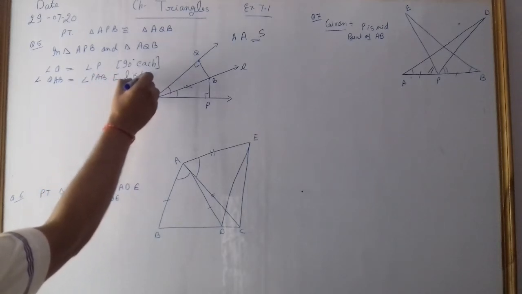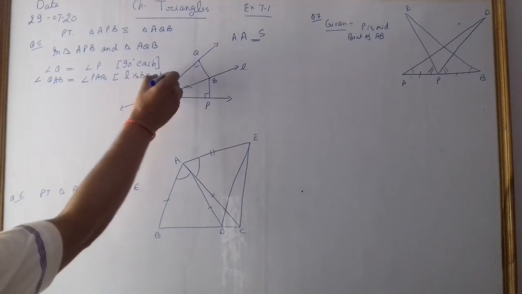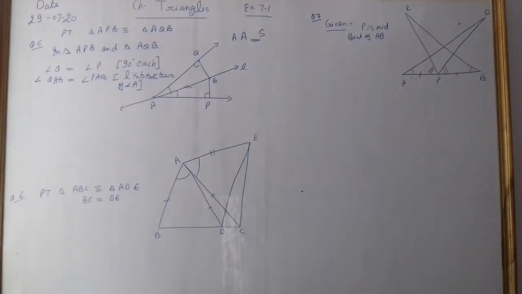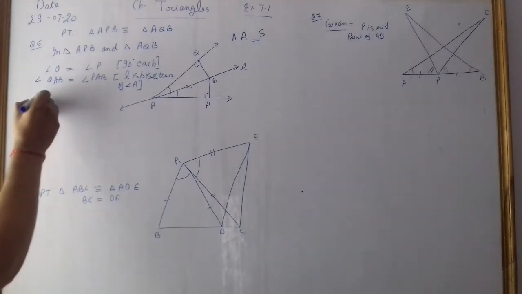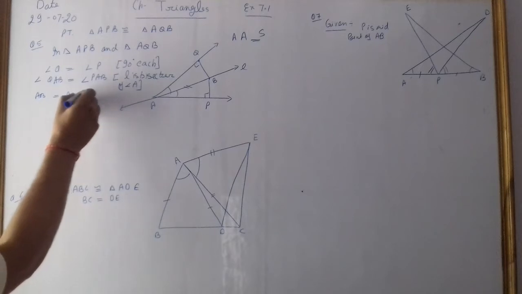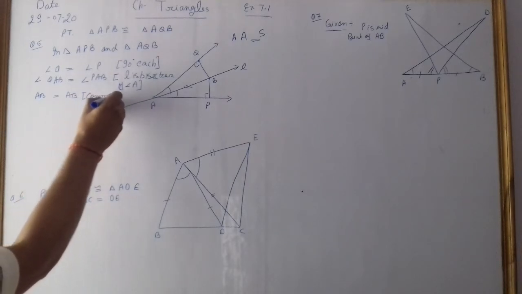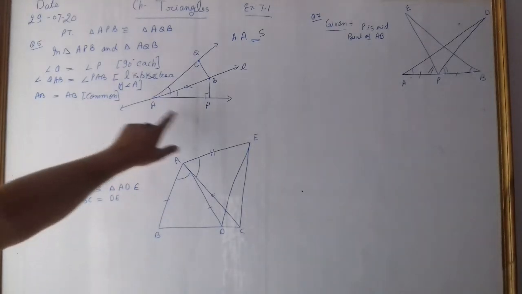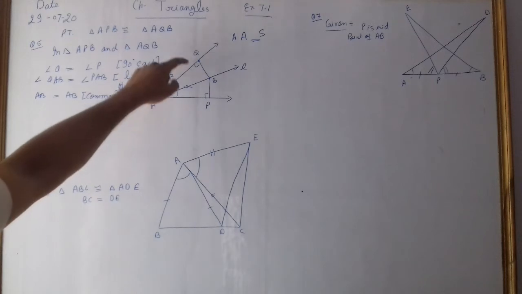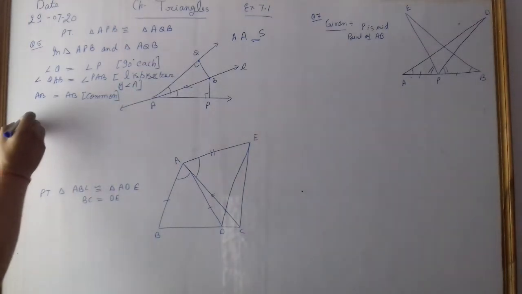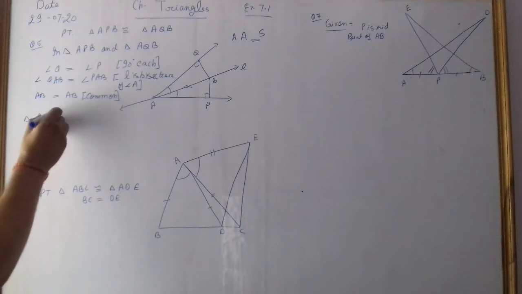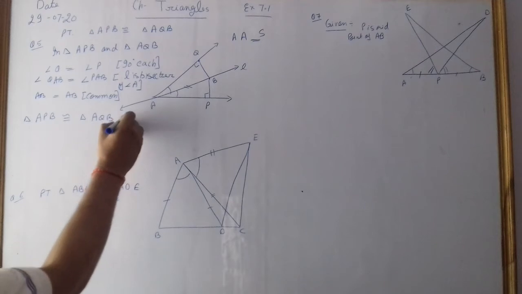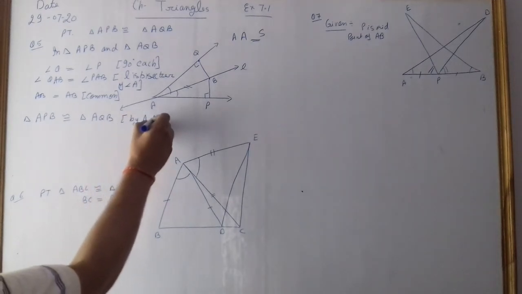Because L is the bisector of angle A. And the third one is AB equal to AB, the common line. Clear, students? Then we can write triangle APB is congruent to triangle AQB by the AAS rule.